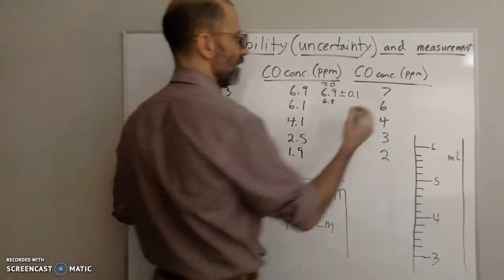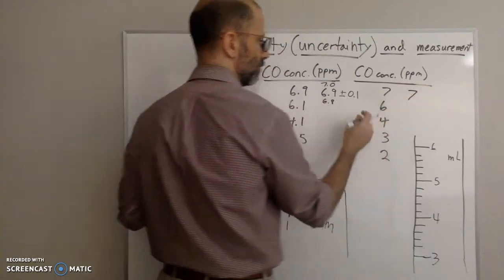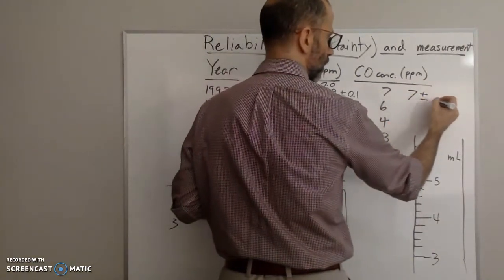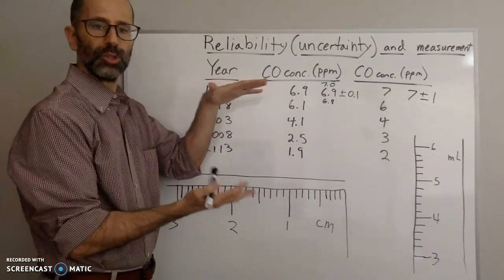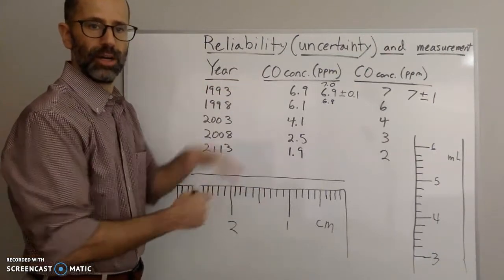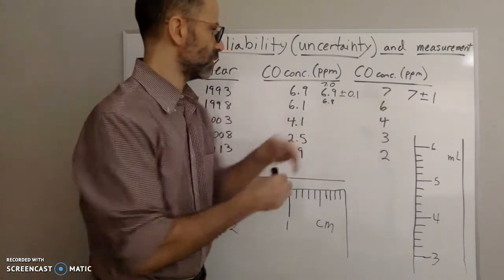So this is telling me that the reported value is 7, plus or minus 1. So there's a larger range of error in this measure because it's in the ones place.